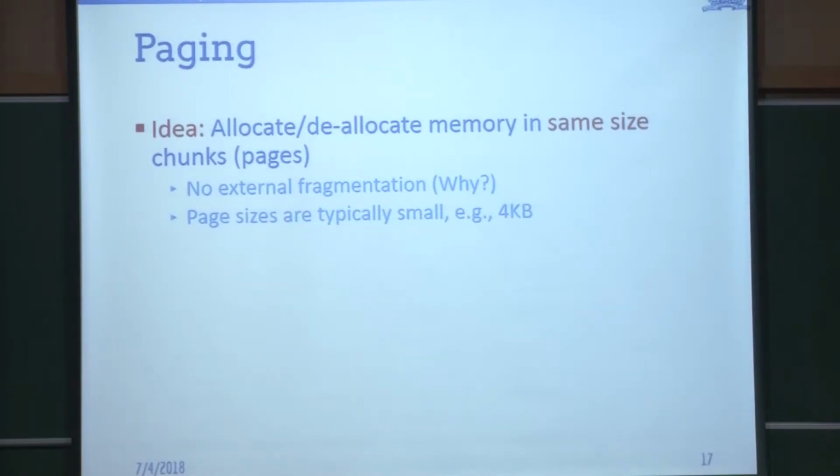Essentially, think of the whole physical memory as divided into small chunks of 4 kilobytes. And whenever you allocate virtual address space, it has to be that fixed size of 4 kilobytes. Now you'll see what happens. This is essentially the key idea of how it is different from segmentation.